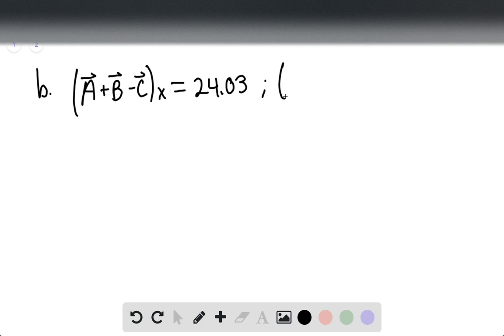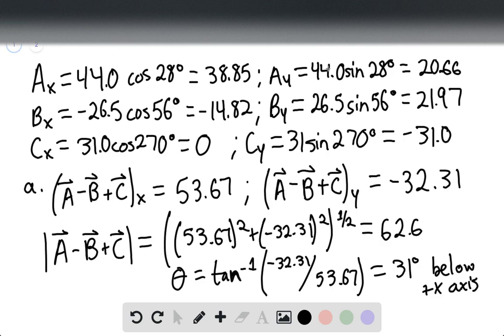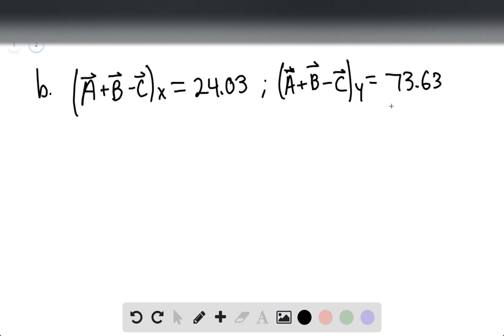And then we have vector A plus vector B minus vector C in the y direction. Again, this will just be all the y's, 20.66 plus 21.97 minus negative 31.0, so plus 31, and we're getting 73.63. To find the magnitude is the same exact process.